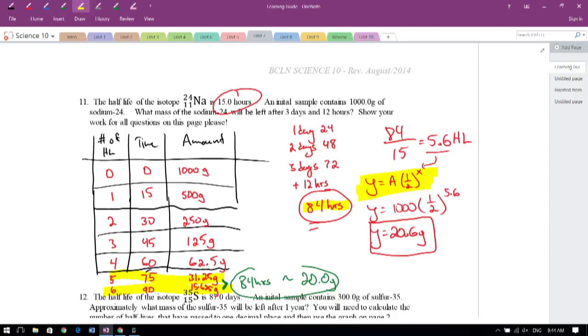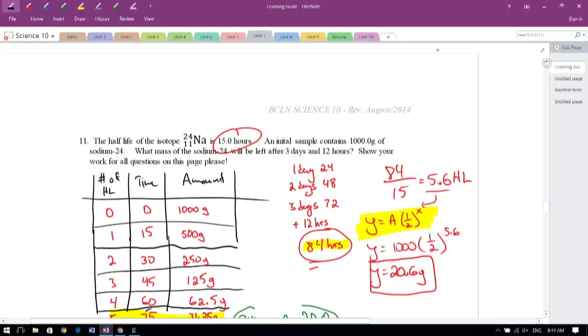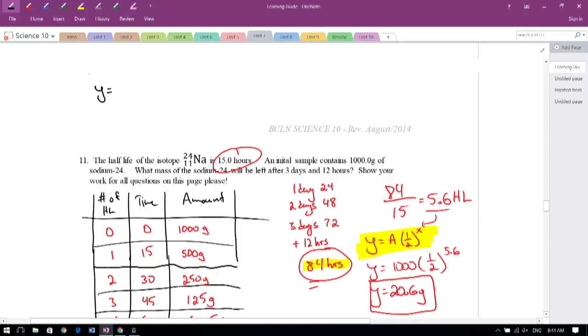But this y is a times 1/2 to the power of x. So let's maybe write this formula down above, and I'll explain what everything is. You can just put it on your page. If you can remember it, it's just kind of a quick way of going through things. Y is a times 1/2 to the power of x.